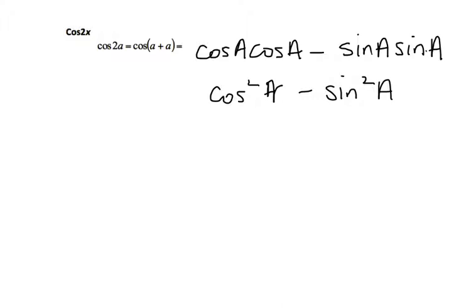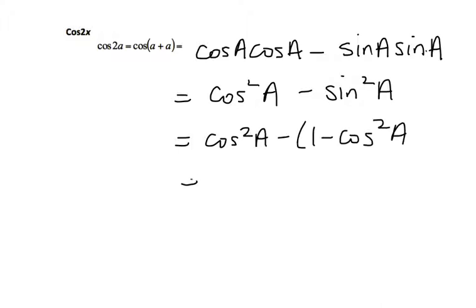And then I can change this also from this point to be only with cosines. So if I changed my sine squared to 1 minus cos squared, that's going to turn into cos squared a minus 1 minus cos squared a, which is of course 2 cos squared a minus 1.